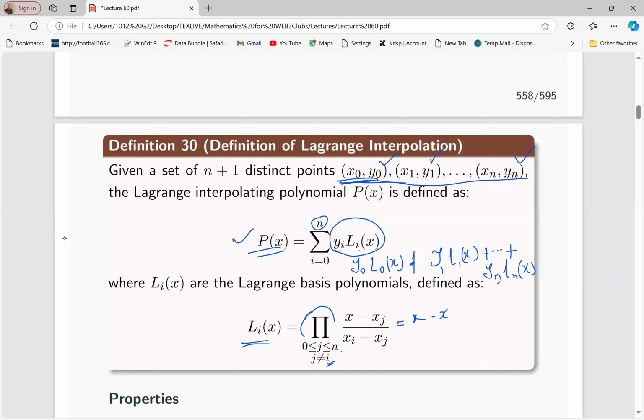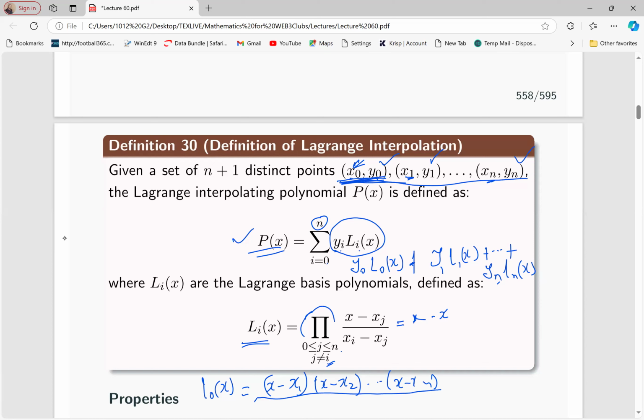For example, if you're considering the first point, which is x naught, y naught, then the formula for L naught x will be x minus, now you subtract x1, x2, all the way up to xn. You don't subtract x naught. So it will be x minus x1 multiplied by x minus x2 multiplied by all the way up to x minus xn.